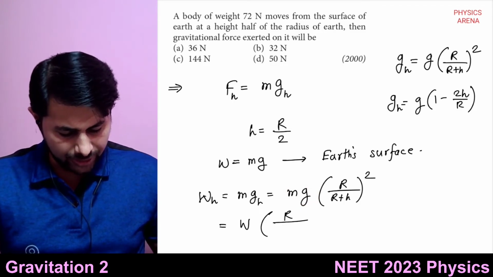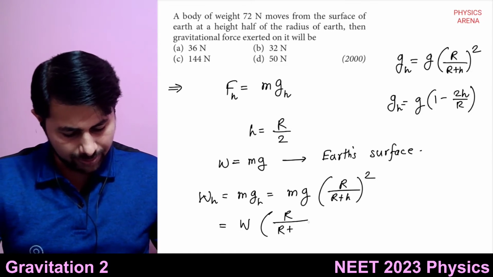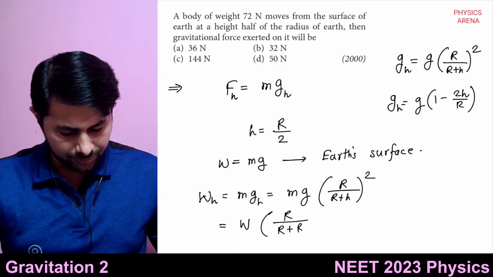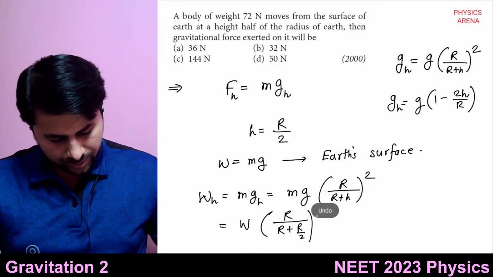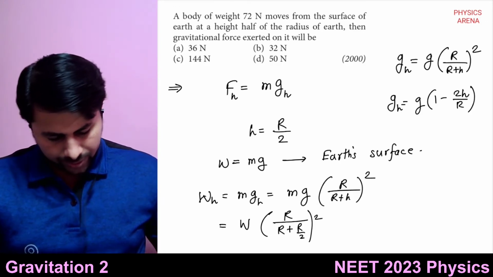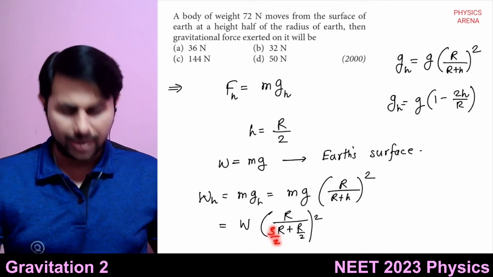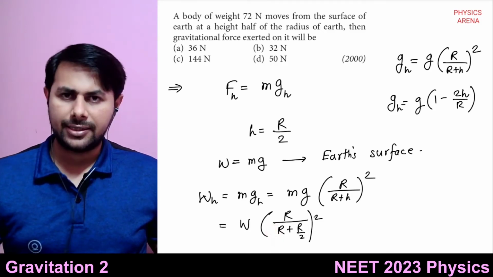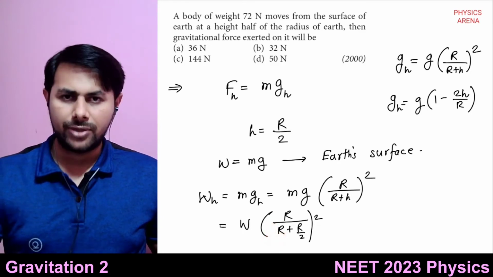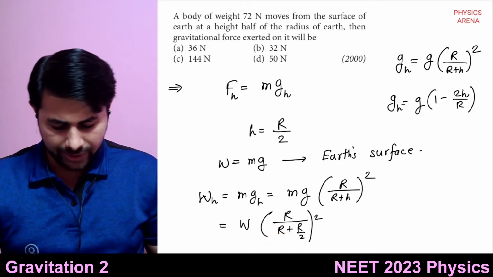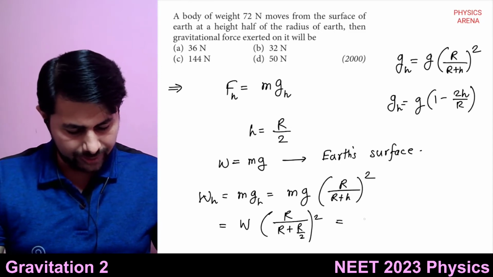So let's put h, so it is R upon R plus R by 2 whole square. So it is 3 by 2 R in the denominator, R gets cancelled, it is 3 by 2 in the denominator, so we can move that 2 into the numerator. So 2 by 3 square, which is 4 by 9.